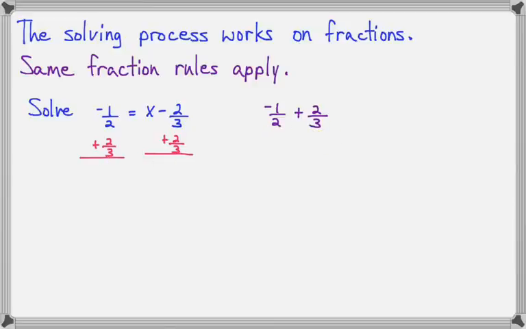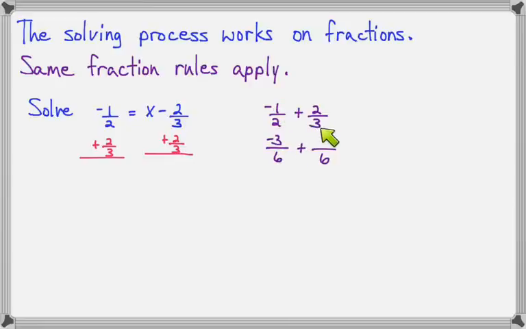And this is a good old-fashioned fraction addition problem, and you know that fraction addition requires common denominators. So let's just remember how we add fractions. We know that 6 is the common denominator for 2 and 3. So to change 2 into 6, I had to multiply by 3. So if I multiply the top by 3, that one becomes negative 3/6.